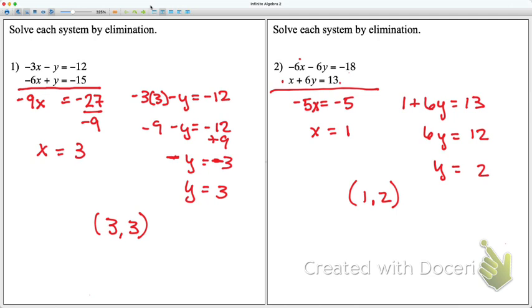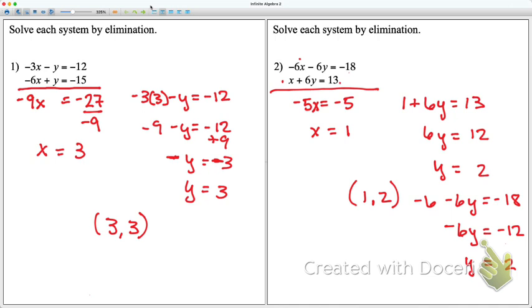Yeah. Okay, so if you put it in the top equation, you would have negative 6 minus 6y equals negative 18. So you'd have negative 6y equals negative 12, which y would equal 2. I have positive 6y.